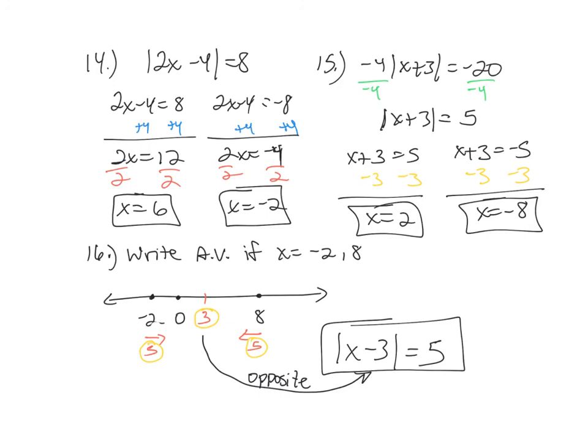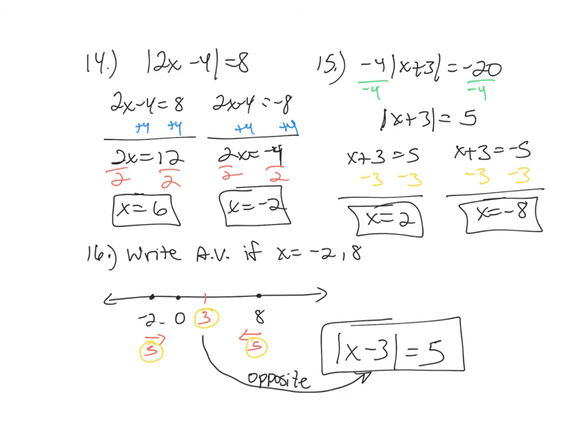So very rarely, if hardly ever, will you see -2 and 8 as the answers in the actual equation. Probably never. Okay, it's going to be different numbers. Make your number line, figure out where the middle is, how far you had to go from the edge to the middle, so we had to go 5 spaces, and we used the 3 and the 5 in the answer.